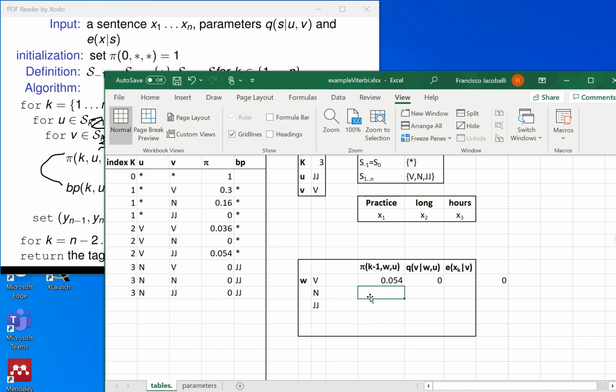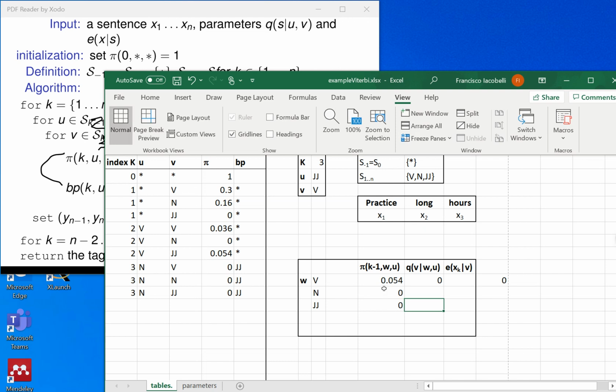We're going to look for the pi of 2 N JJ. If I don't see it here, it's because I erased it because it was 0, right? And then the same thing with the pi of 2 JJ JJ. I erased it, so it was 0.